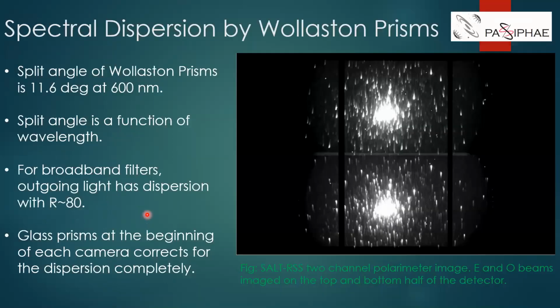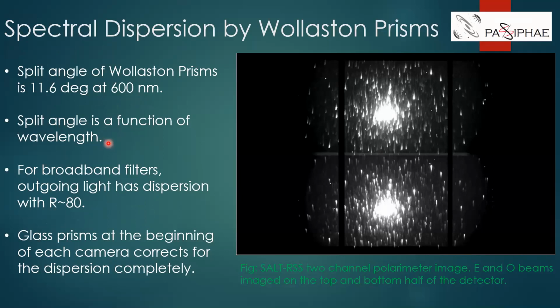Now I have a slide on the problem of spectral dispersion I talked about. So the split angle for the Wollaston prisms used in Wallop is 11.6 degrees at 600 nanometer, which is roughly the wavelength for the HDSS-R filter. And the birefringence of calcite, and hence the split angle, is a function of the wavelength.